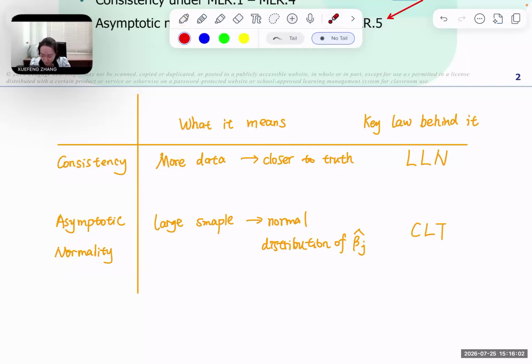Okay, don't confuse those two. Consistency is because of the law of large numbers. Asymptotic normality is because of the central limit theorem. In the real world, we almost never have perfectly normal errors, but we often have large samples. Asymptotics is what makes OLS inference practical and robust in applied economics.